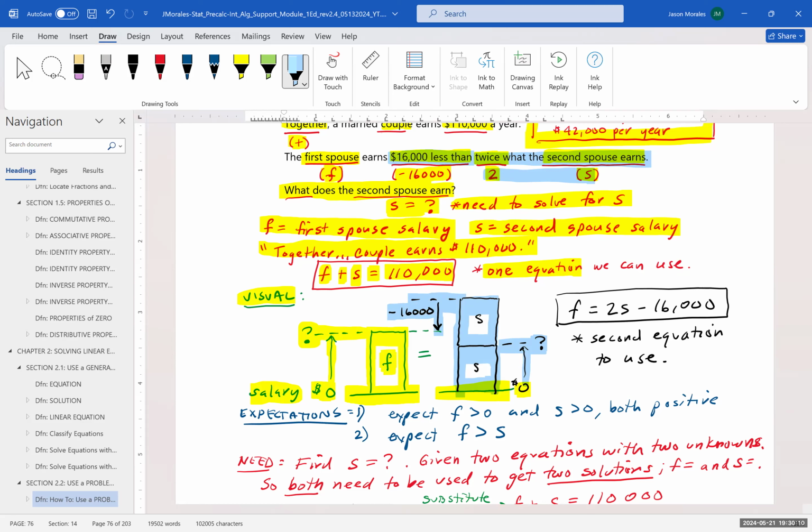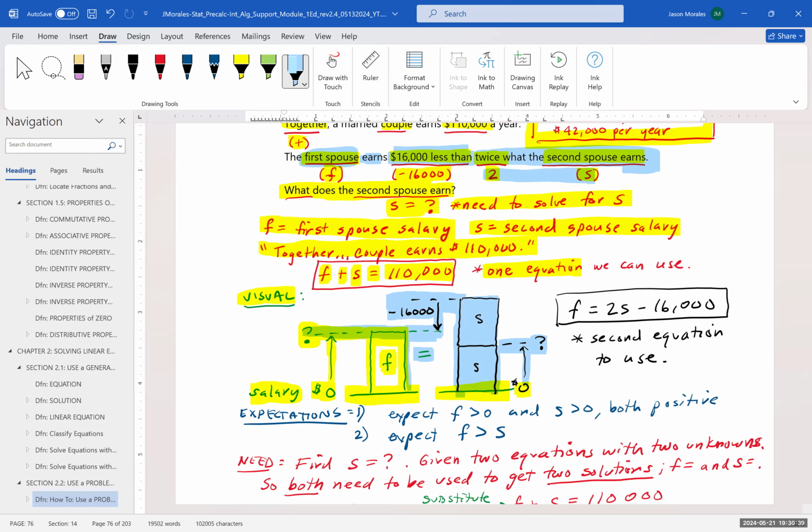And what it tells us is that 16,000 less than twice what the second spouse earns is what the first spouse earns. So the amount that the first spouse makes is equal to twice what the second spouse earns minus 16,000, which is this level right here.